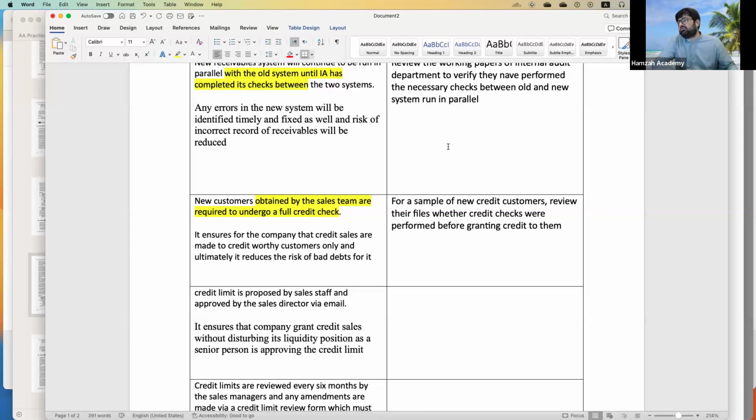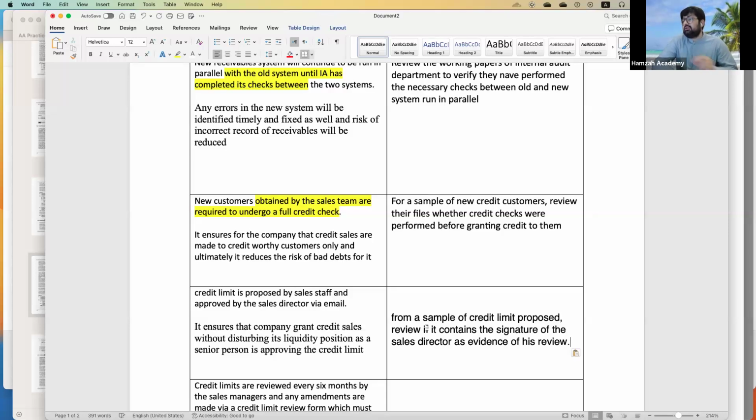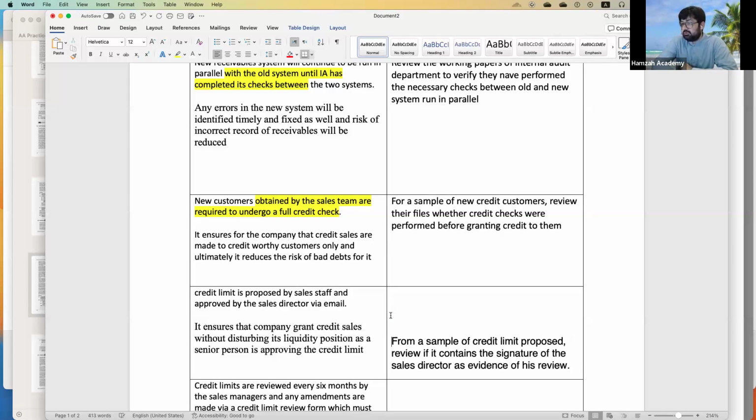I am receiving answers from students. I need answers from everyone. Be quick. You will see. I will identify your mistakes. This is one answer I received as test of control. Be quick.